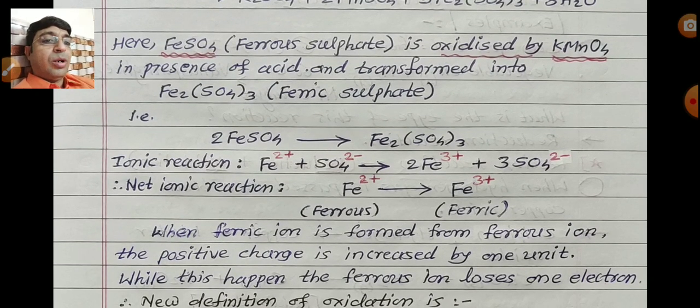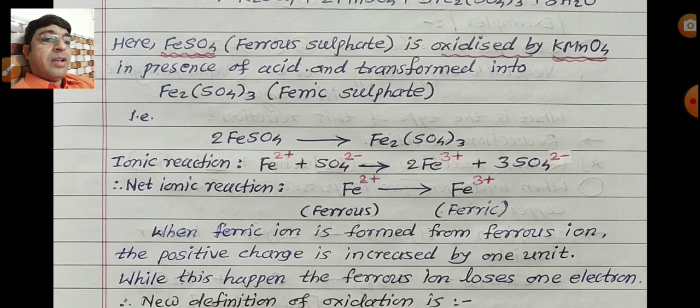In ionic form, how to indicate this? In FeSO4, Fe, iron, shows the valency 2, that is 2 plus. SO4 is a polyatomic radical showing the valency 2 minus. Then what happened? Fe3 plus, one more positive charge increases. Why?